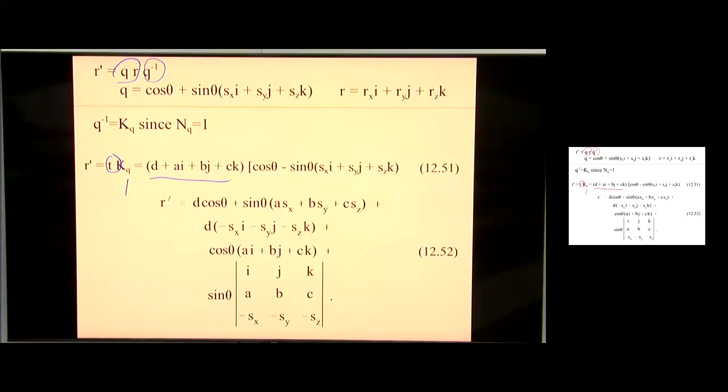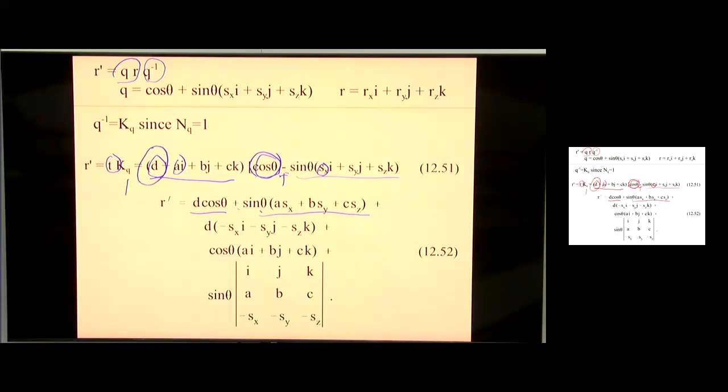So here's T, and the conjugate of Q was the cosine of half the angular rotation, and we put a negative on the vector part. This times D1 times D2 minus A1 times A2. There's a minus sign, so I get a plus, so this takes care of those terms.